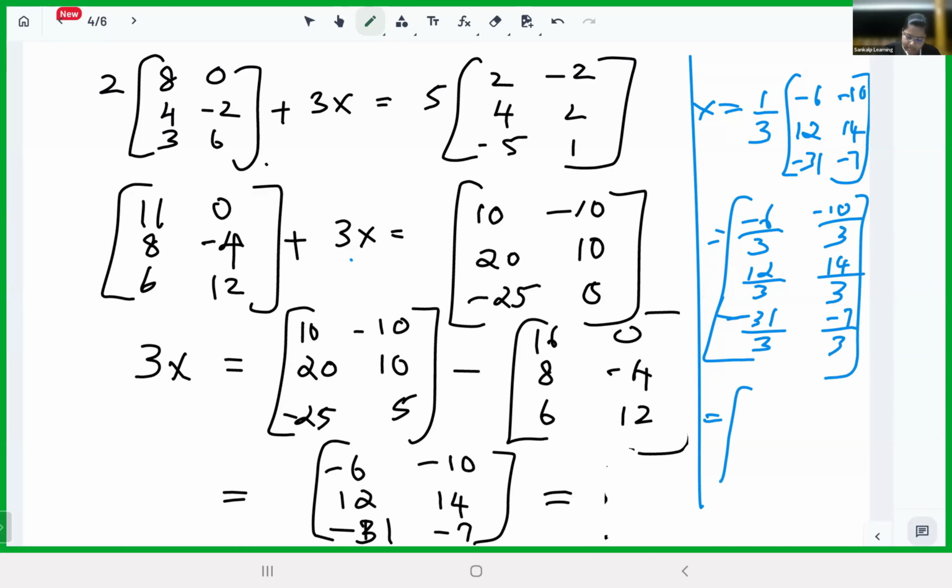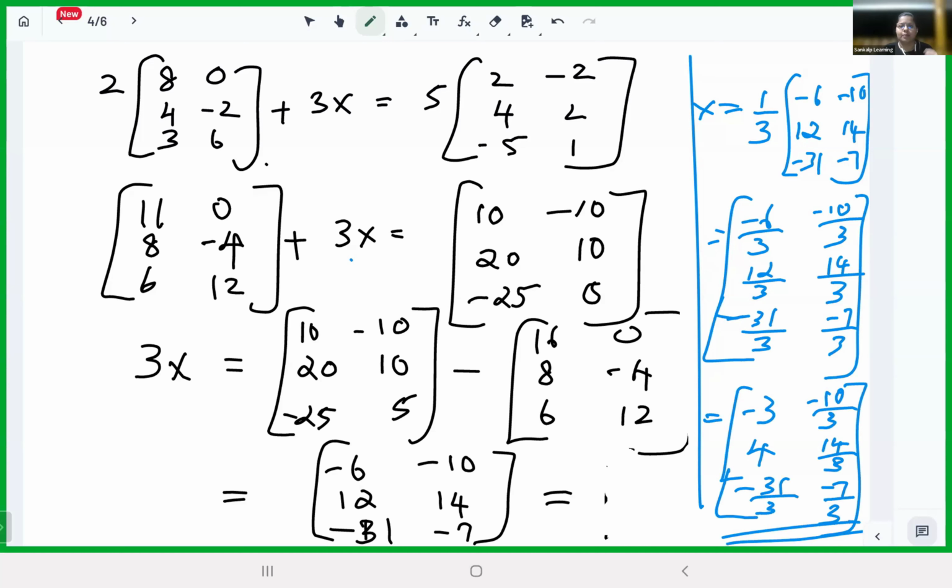Here minus 6 by 3 is nothing but minus 3. Minus 10 by 3 can be written like that itself. 12 by 3 is 4. 14 by 3 is written like that. Then minus 31 by 3, then minus 7 by 3. So now we have got the value of x, given that 2a plus 3x is equal to 5b.